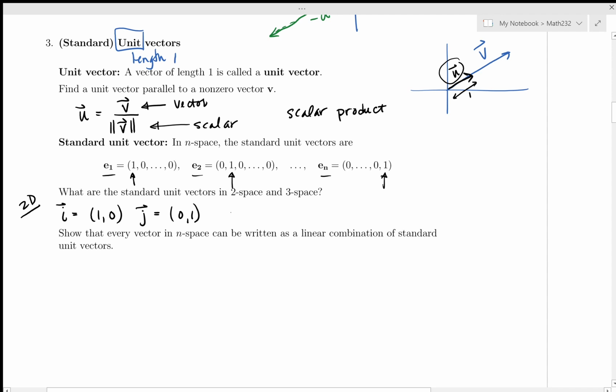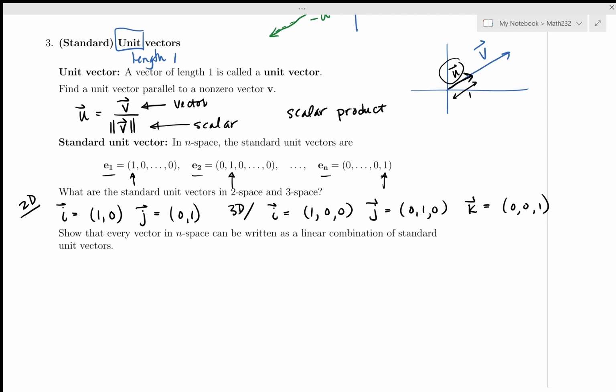And then in 3 dimensions, we have 3 of them, i, j, and k. i is 1, 0, 0. j is 0, 1, 0. And k is 0, 0, 1. So they have special names. And once we move beyond the 3rd dimension, we simply use e1, e2, e3, e4, however many we need.